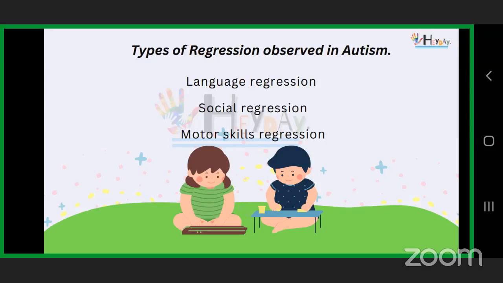It could include an increase in repetitive behavior, difficulty in transition, and sometimes heightened sensory sensitivities or challenges in emotional regulation. Then cognitive regression involves a decline in cognitive abilities such as problem solving and attention, or sometimes executive functioning skills.